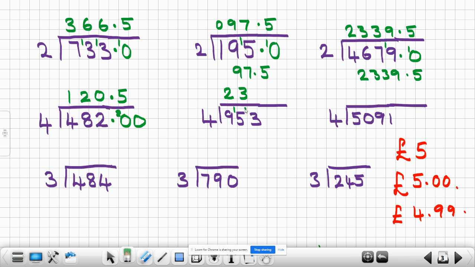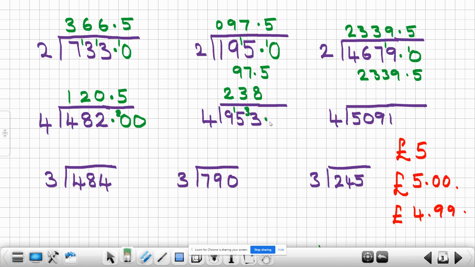I'm going to put that in front of this 3 to make 33. 4s into 33. Remember, if you don't know your 4 times table well, you can pause a minute to work that out, or you could write out your 4 times table so you're prepared. But 4s into 33 goes 8 times. 8 times 4 is 32. So we have got a remainder of 1.